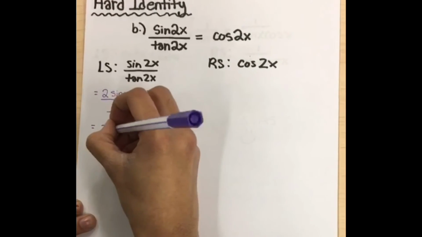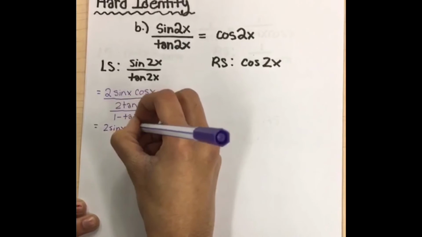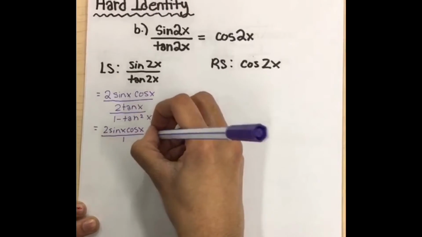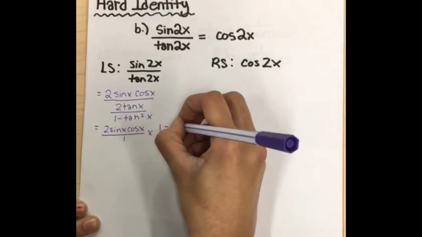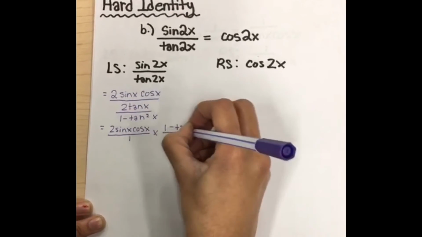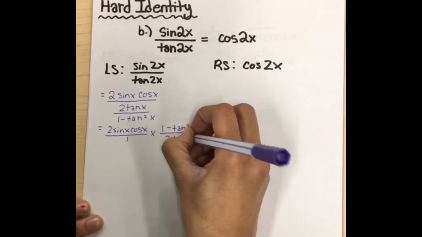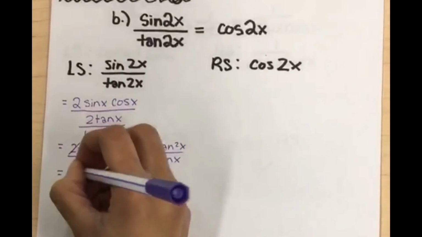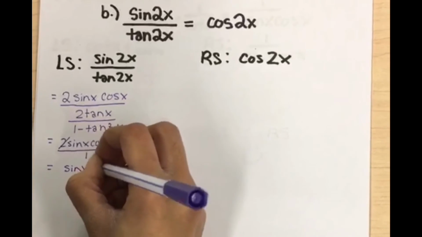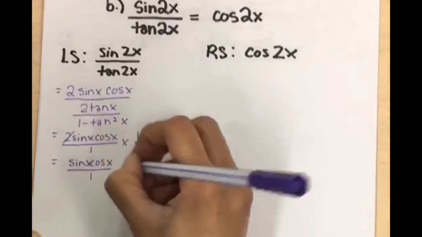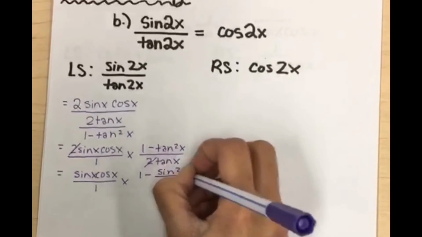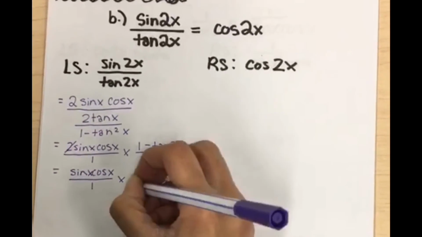Now we're going to simplify our fraction 2 sine x cos x over 2 tan x over 1 minus tan squared x into 2 sine x cos x times 1 minus tan squared x divided by 2 tan x. Now you can cross out the 2's from the numerator of one fraction and the denominator from the other. Next, we will use our quotient identities and turn all the tan x's into sine x over cos x.